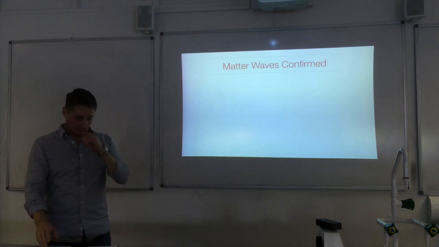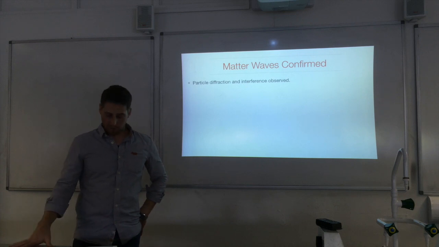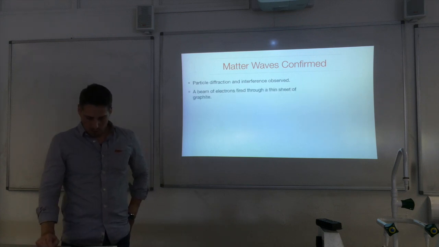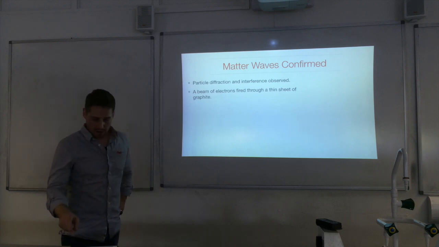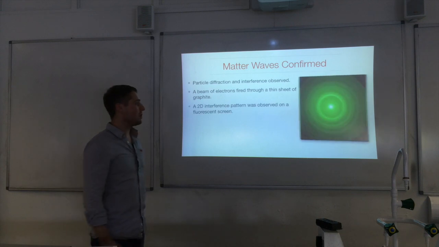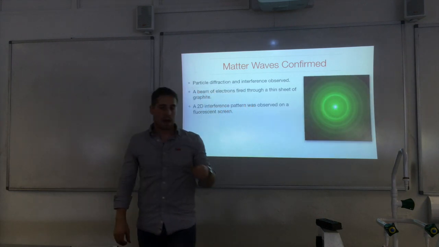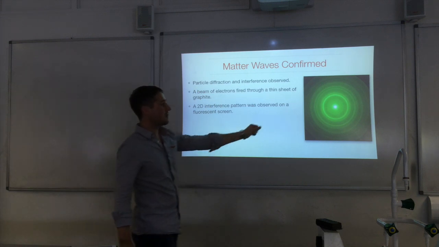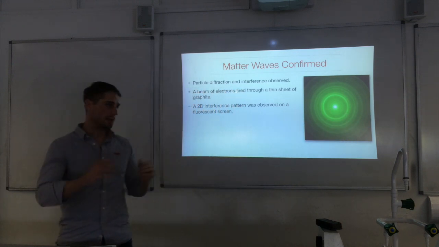This hypothesis was confirmed. Particle diffraction and interference was subsequently observed experimentally. A beam of electrons was fired through a thin sheet of graphite, and as it did so, it produced a pattern of light and dark rings like this, and that is a two-dimensional interference pattern. The screen that they're being fired onto is fluorescent, so wherever electrons strike it, it causes it to glow.